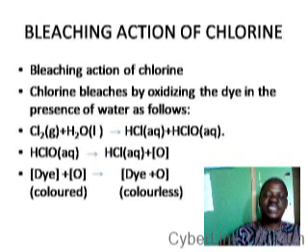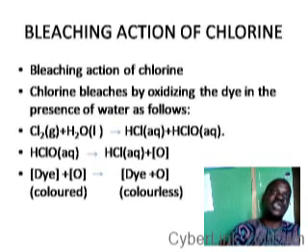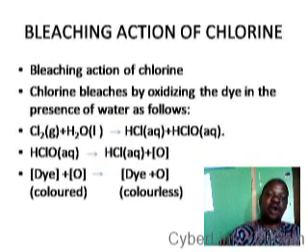Now, if you compare this to the bleaching action that we learned in the past, that of sulfur 4 oxide, you will discover that sulfur oxide will take up oxygen atom from a dye, and the dye will become colorless. But in this case, the bleaching agent adds oxygen to the dye, and the dye becomes colorless.